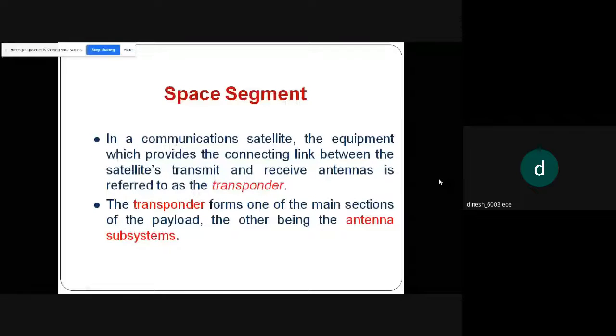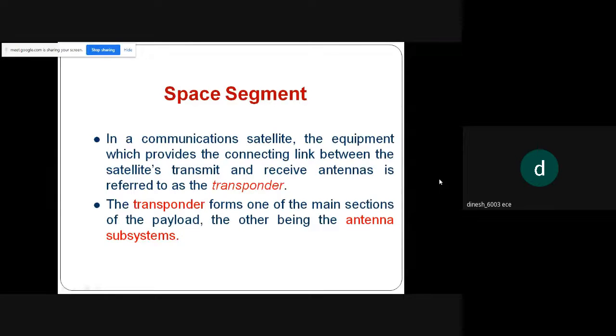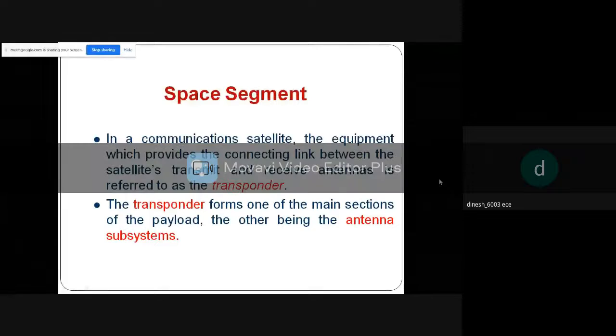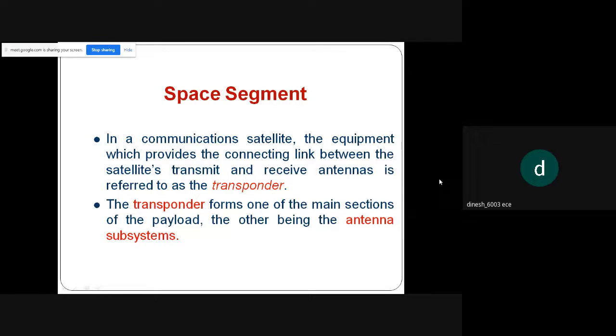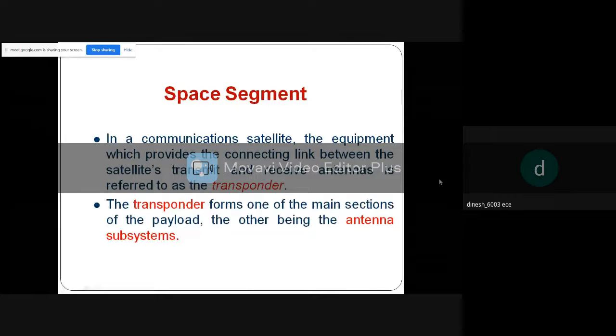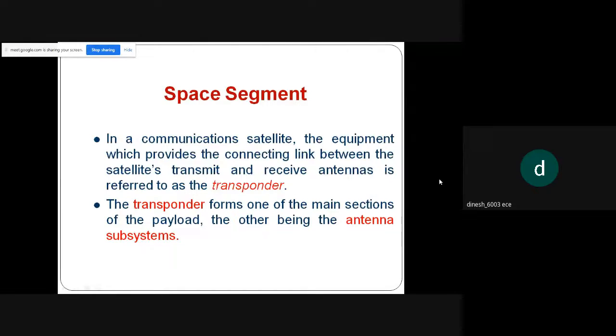That booster receives the signals from a base station or from the user station, and then it retransmits. The same thing the antenna does in satellites. It acquires signals or information from the earth station through the uplink frequency, and then it amplifies, repeats, and sends to the ground station again at a different location, through the downlink frequency.